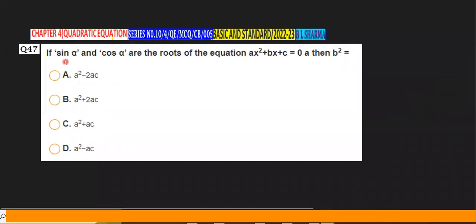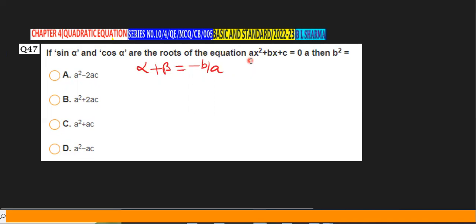If sin alpha and cos alpha are the roots of the quadratic equation ax square plus bx plus c is equal to 0, then the value of b square will be? We know that the sum of the zeros of a quadratic polynomial is minus b upon a.